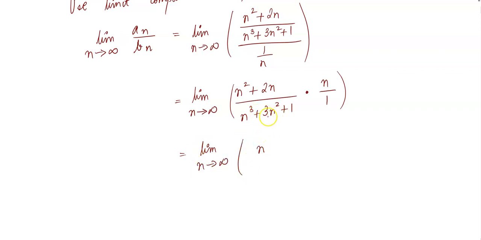Multiply the numerator with the n, multiply across. There's nothing to factor out in the denominator. We could factor out in the numerator, but it doesn't really help us. Therefore, we distribute it, so we get n cubed plus 2n squared over n cubed plus 3n squared plus 1. If you have it in this form, we know the technique. The technique is to divide both up and down by n cubed.